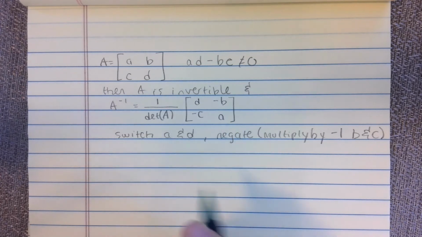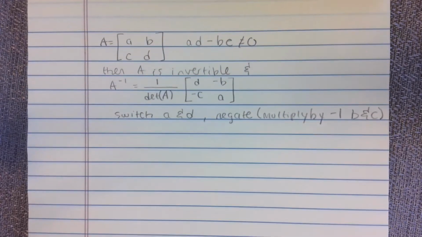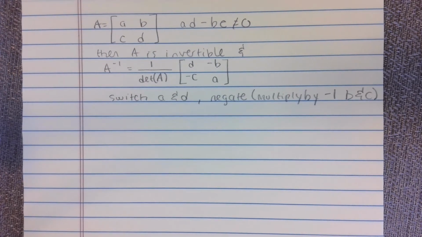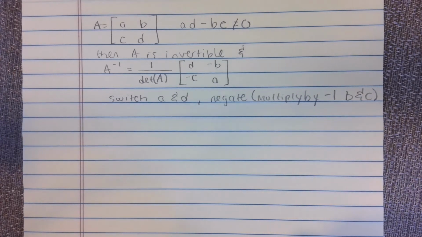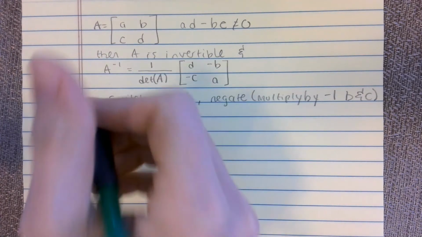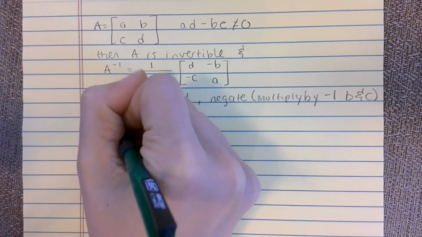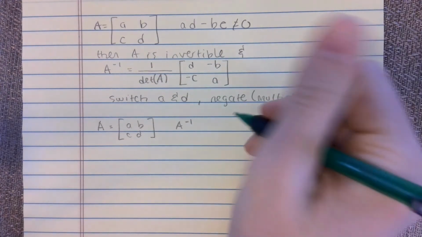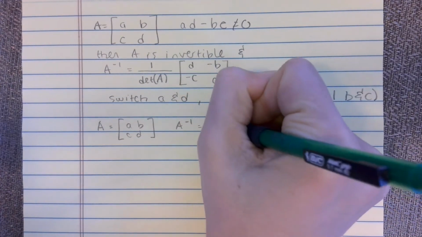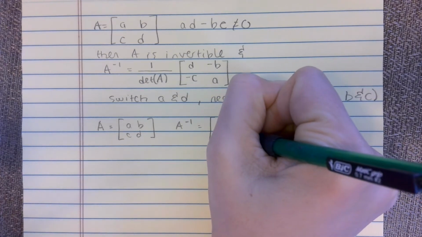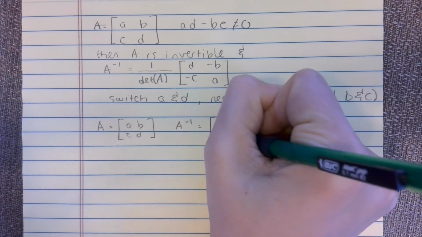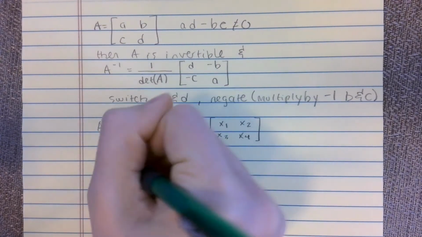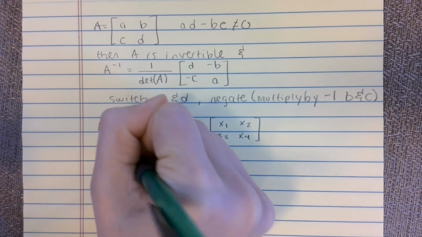So the proof is that we would like to figure out how we got this formula. The idea given in the notes is that if A is A, B, C, D, and A inverse, assuming that it exists, is x1, x2, x3, x4, if I multiply those two things together, A times A inverse, it should be the identity matrix.